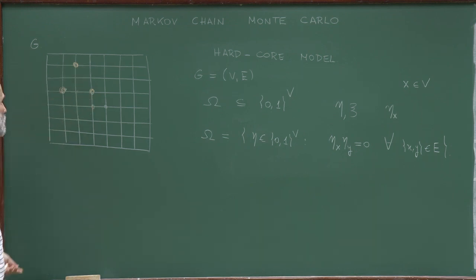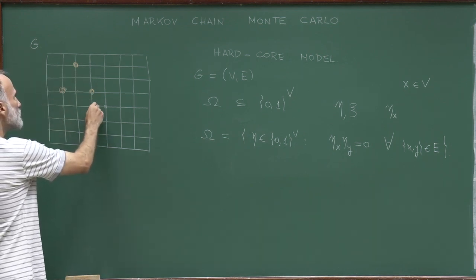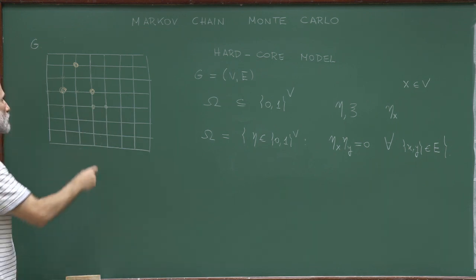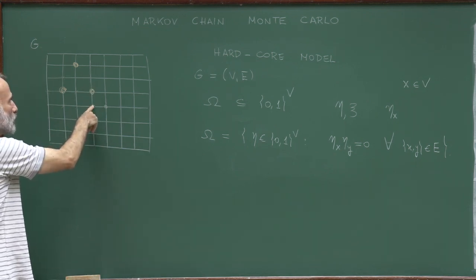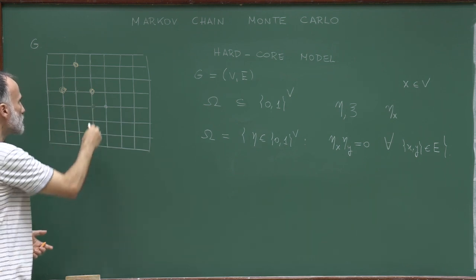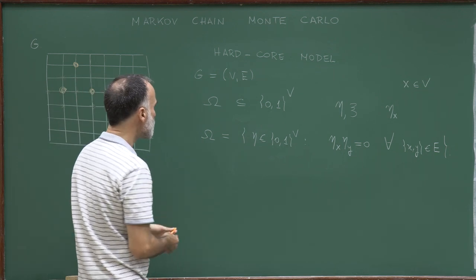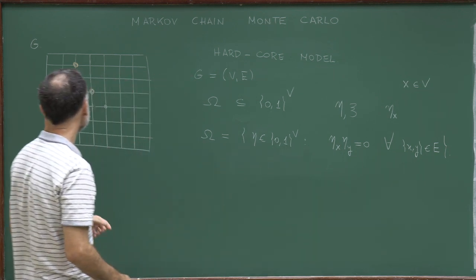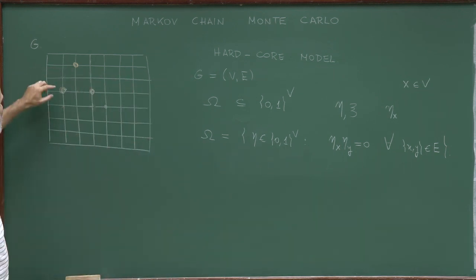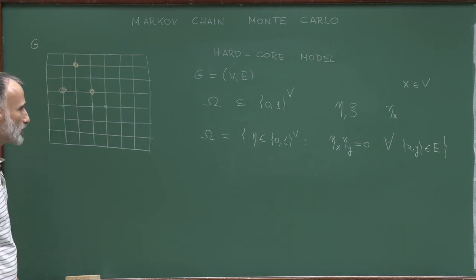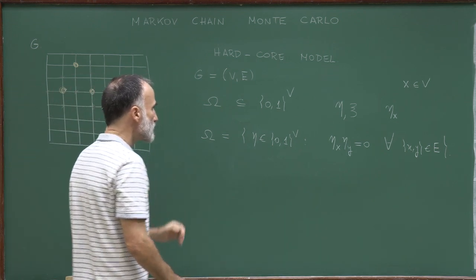So this is an allowed configuration, and this is a configuration which doesn't belong to omega because you have two particles which are connected by an edge. This is called the hardcore model because it's representing a gas which has a hardcore interaction, in the sense that if you have a molecule of this gas at one point, then all neighboring sites are forbidden to have particles. So this is a model.